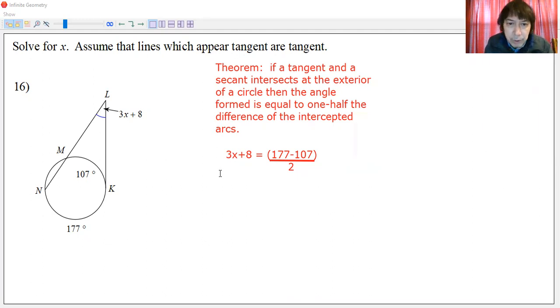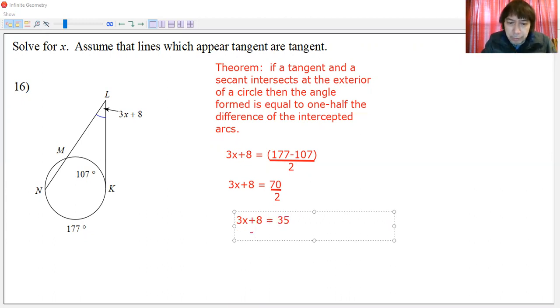We still have 3x plus 8 is equal to 70 divided by 2. 7 minus 7, 0. 7 minus 0 is 7. 1 minus 1 is 0. So the next line, 3x plus 8 is equal to 35.